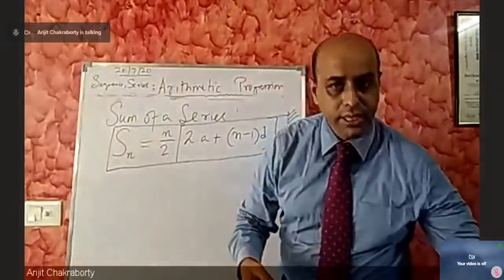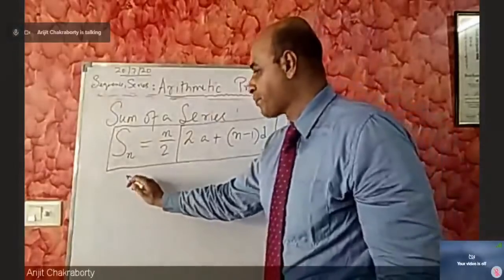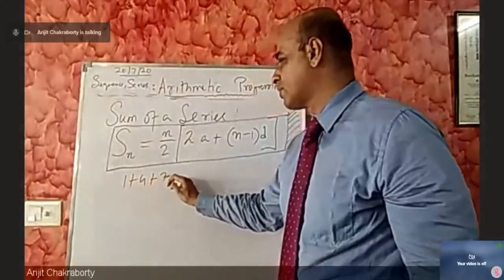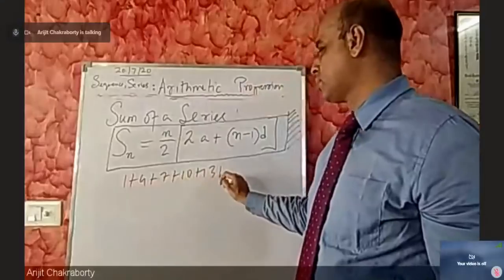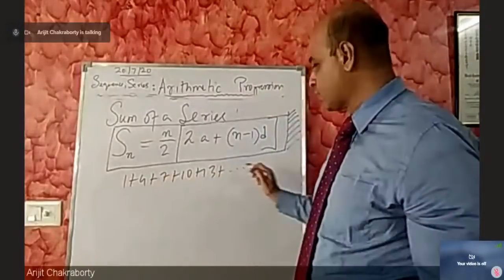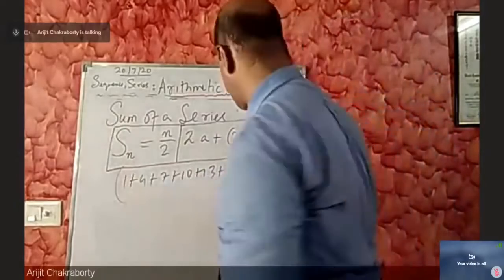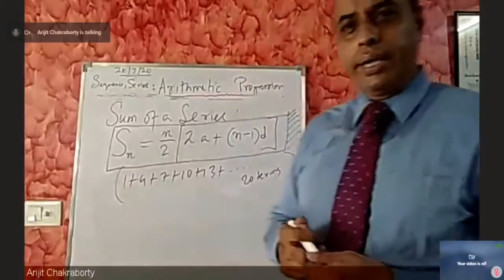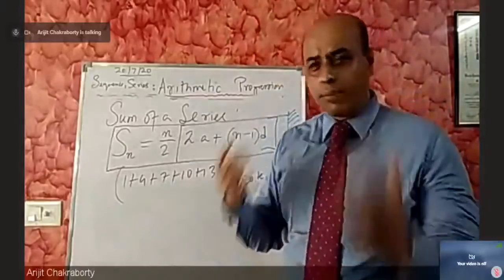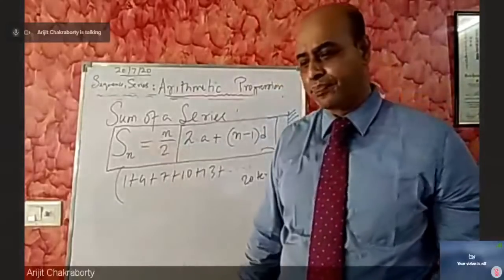That means if there is a series like 1 plus 4 plus 7 plus 10 plus 13 and so on, up to 20 terms, what will be the sum of this? The sum will be according to this formula.